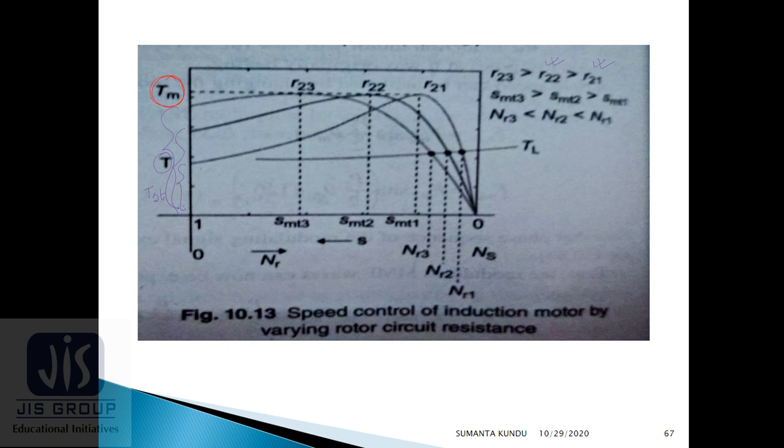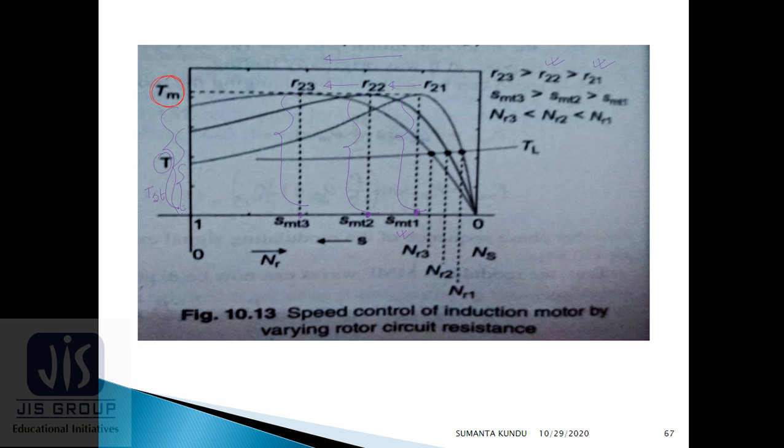So if we see that as we increase the resistance from R21 to R22, from R22 to R23, the interesting fact is that the corresponding slip at which the maximum torque occurs also changes. But keep one thing in mind, that the value of maximum torque remains unchanged.